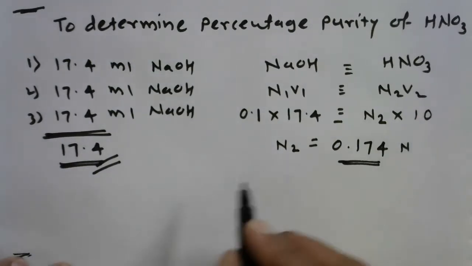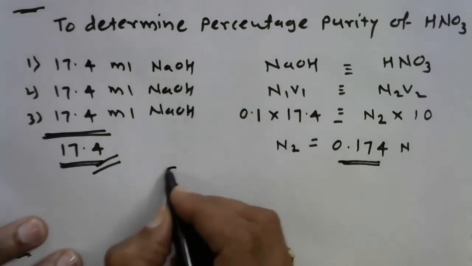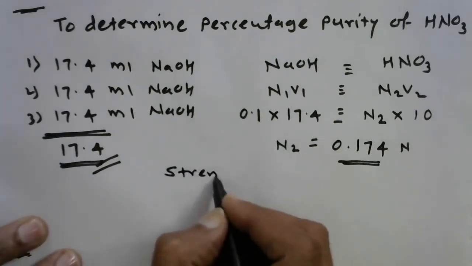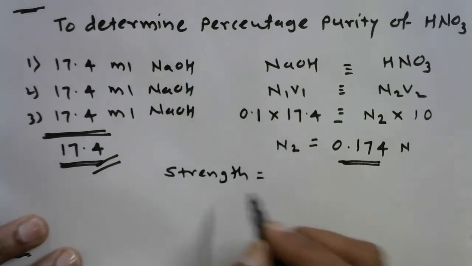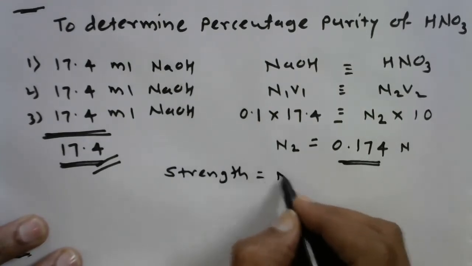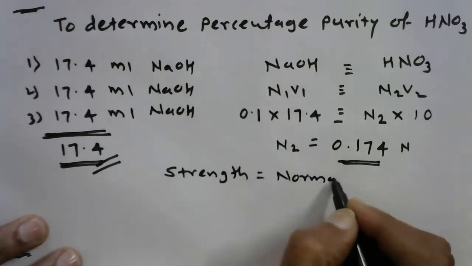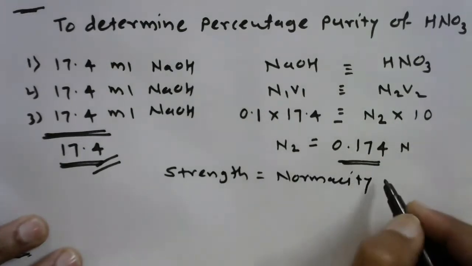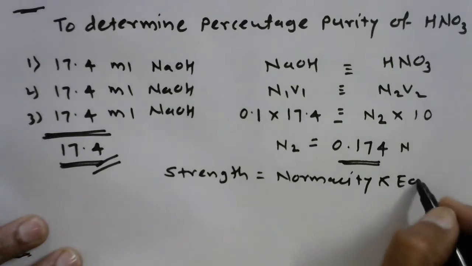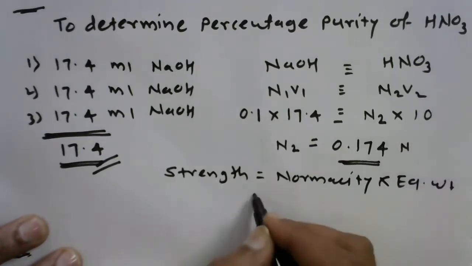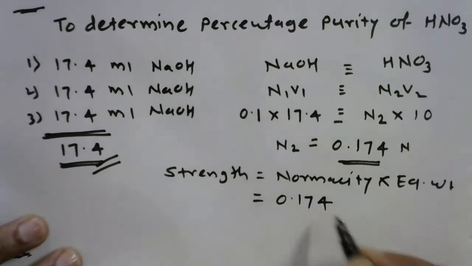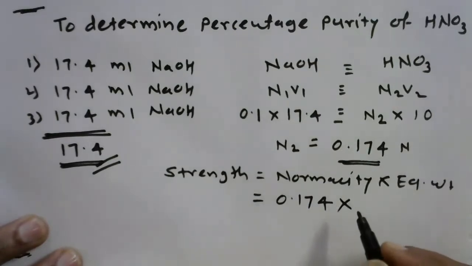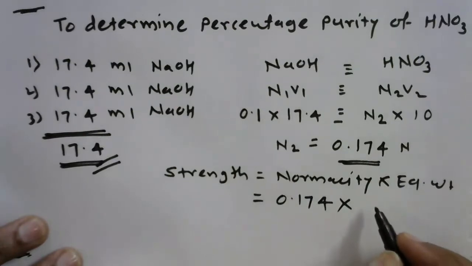Now from this normality, we have to calculate the strength of the solution which we have prepared, and strength is calculated by using the formula normality into equivalent weight. So the normality calculated is 0.174, and the equivalent weight of HNO3 is 63.